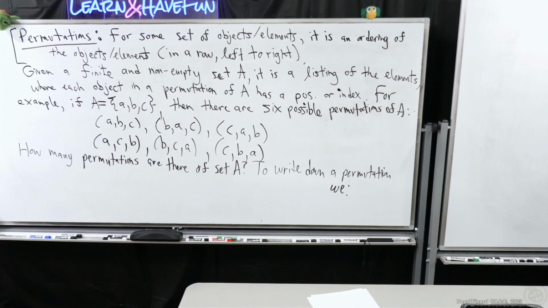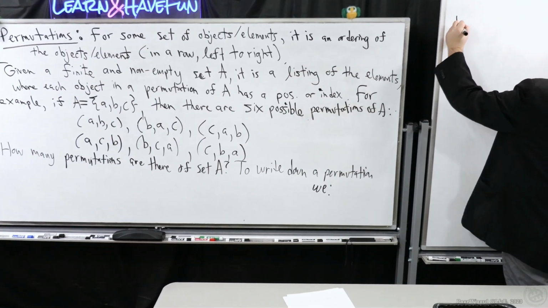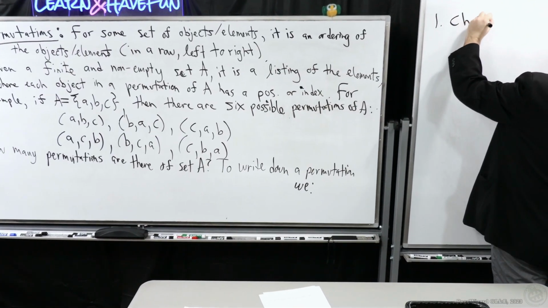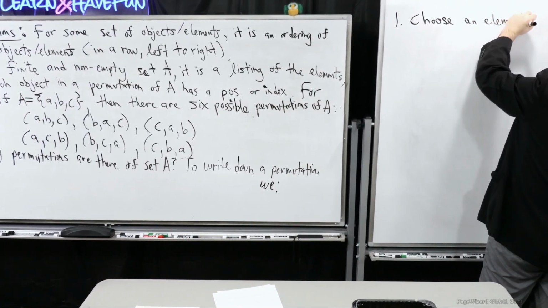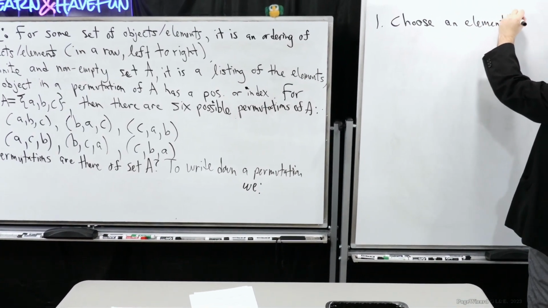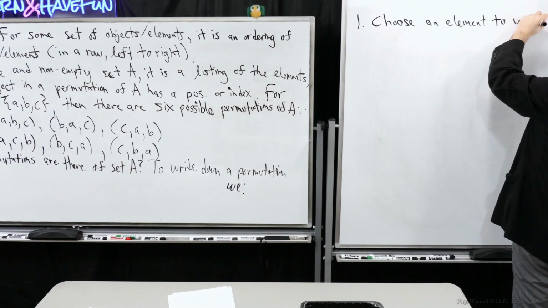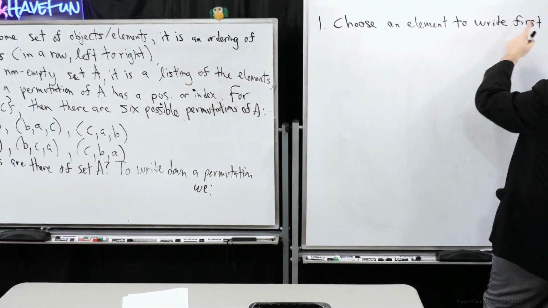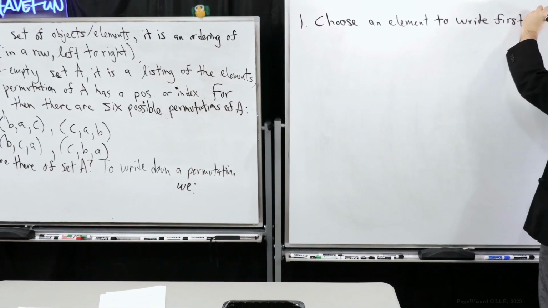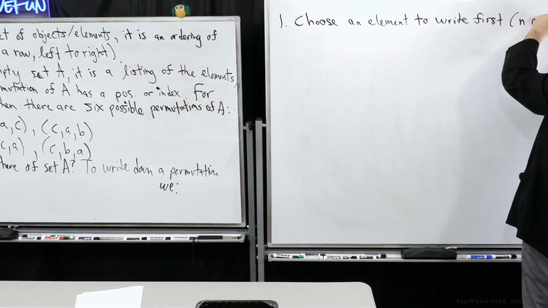First, we choose an element to write first. So we choose an element to write first. There's n possible elements when I did this.